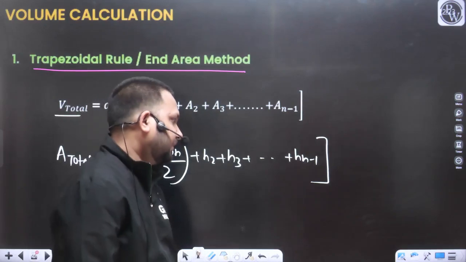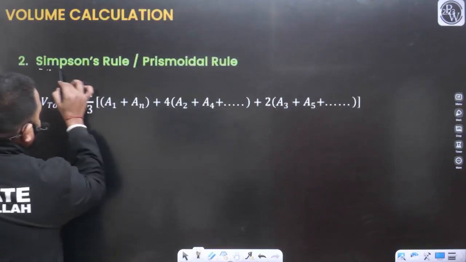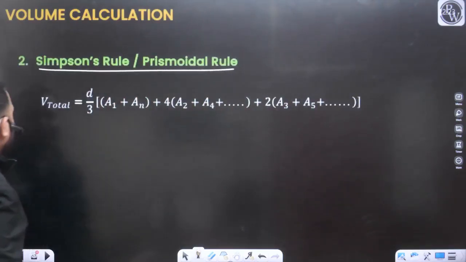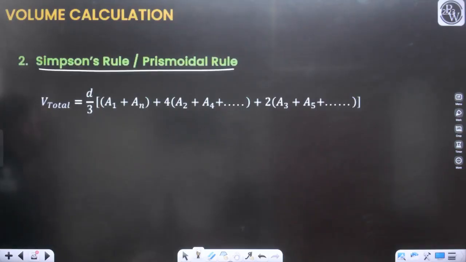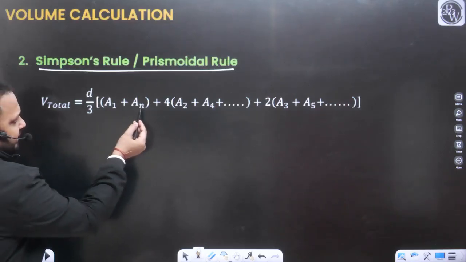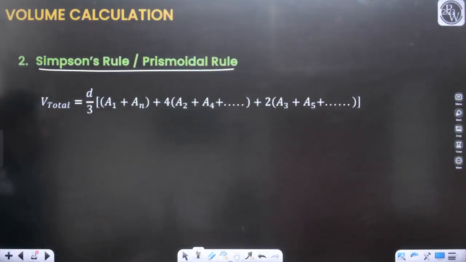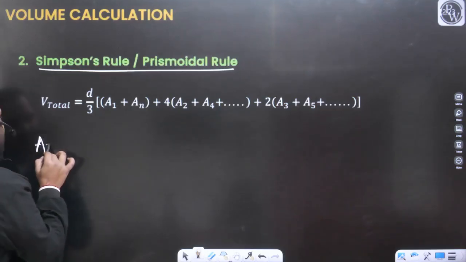Very good. Similarly, dear, if I talk about how we can calculate the volume with the help of Simpson's or Prismoidal rule, same concept. D by 3, first and last area, 4 into even areas, 2 into odd areas. Same we have discussed for the calculation of total area.